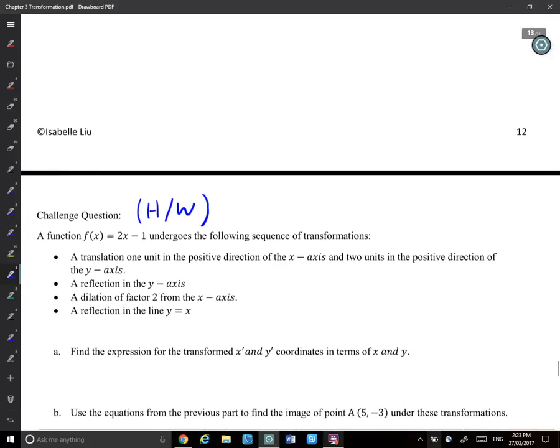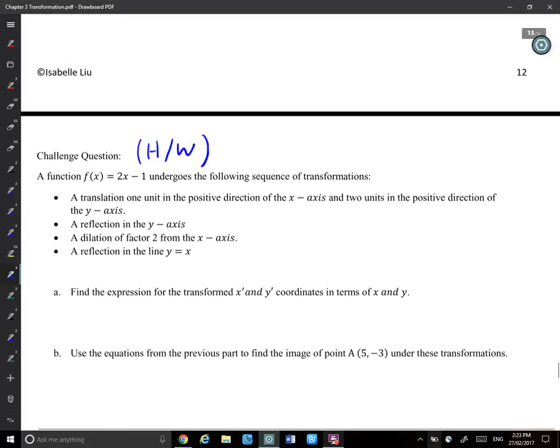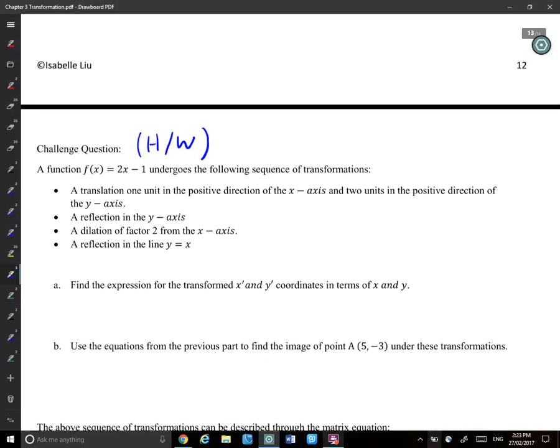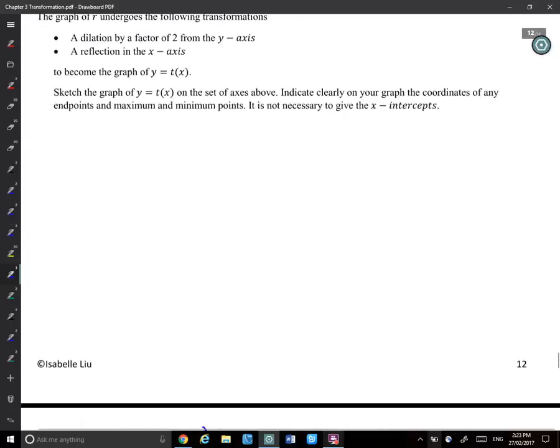The challenging questions. Try to do that. If you have seen that before, try to do that by yourself again. Do not go back to your answers. Try to do the entire question. That will give you a better understanding of the matrix.